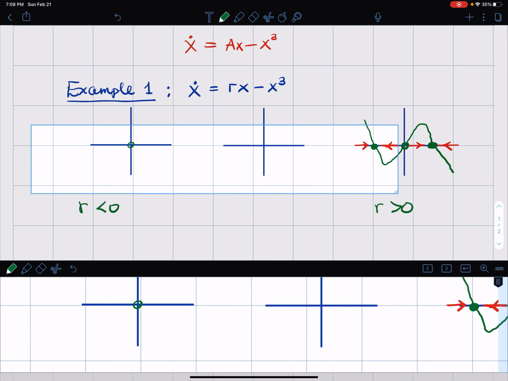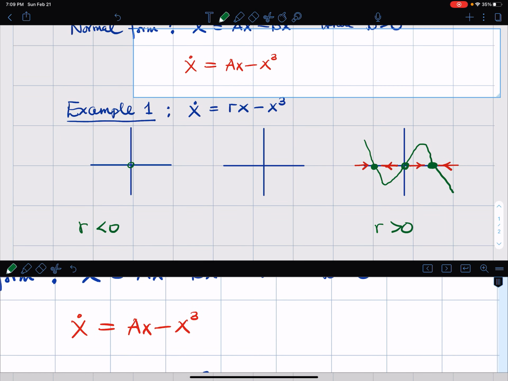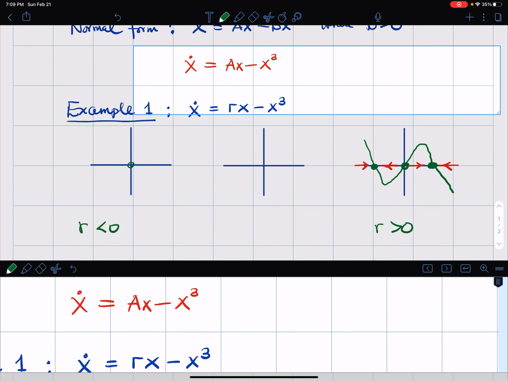So now, if r is less than 0, let's say r is -1. Think of what we get. We end up with -x minus x cubed.